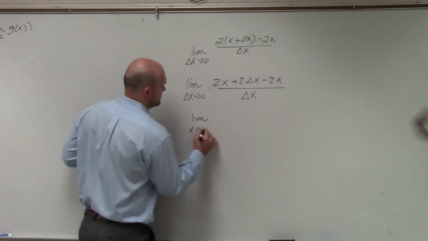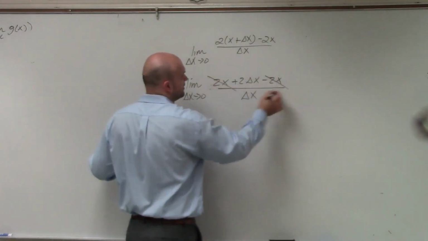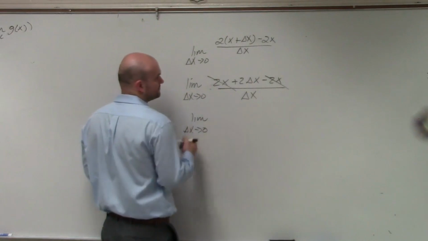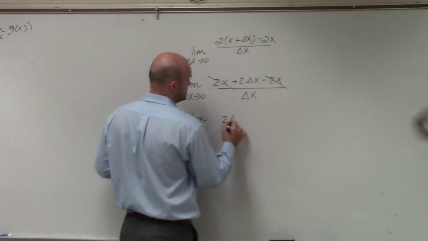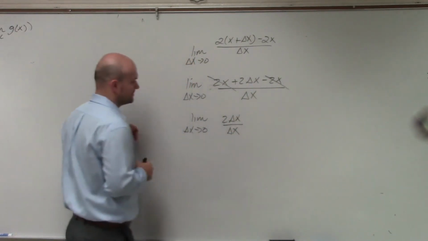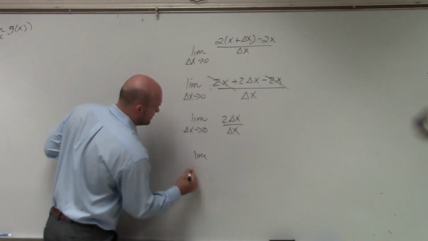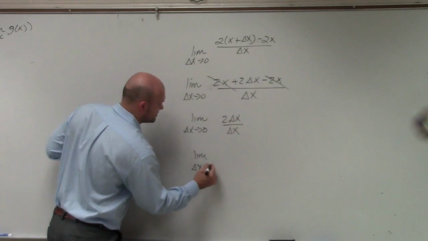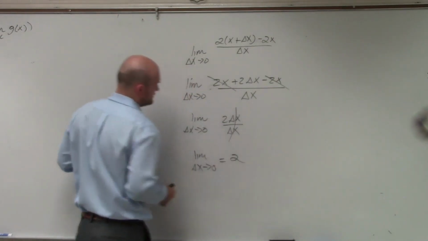So as delta x approaches 0, you can see that the 2x and the negative 2x divide out. That leaves us with 2 delta x over delta x. And therefore, now I have the limit as delta x approaches 0 of 2.